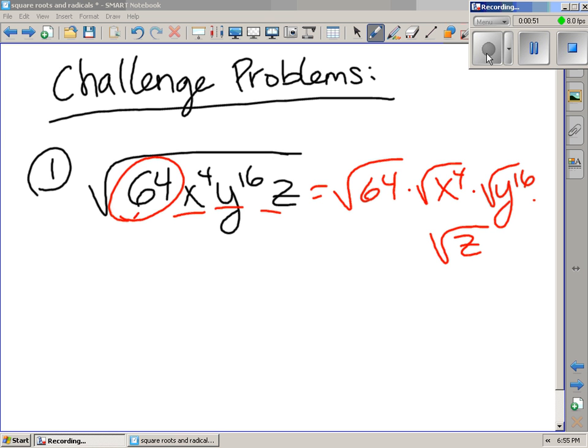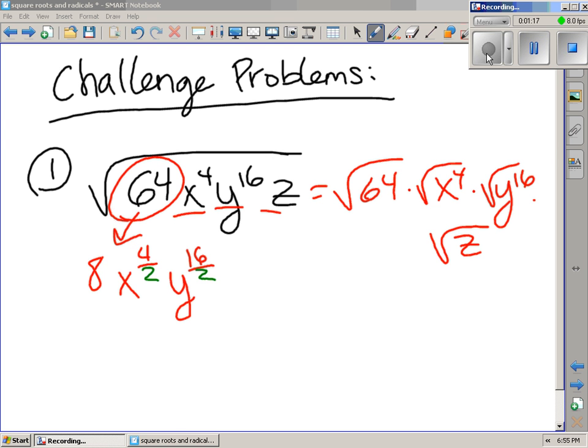So I'm going to go ahead and write the square root of 64 out. It's either positive or negative 8. I'm just going to leave it as a positive 8. X to the 4th, I find it useful to write this as x to the 4th over 2. The y to the 16th, I also realize that it is going to be useful to write this with a denominator of 2.